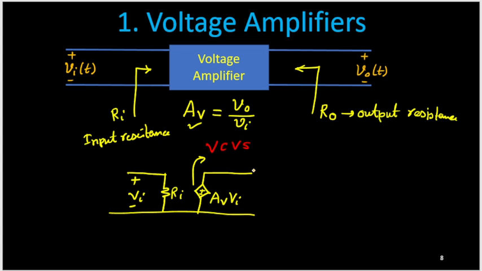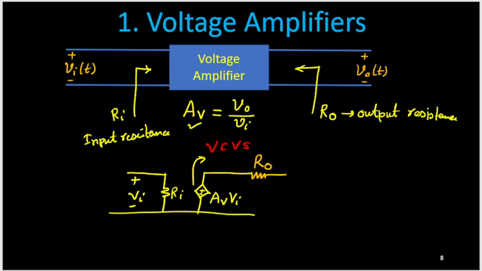Next, we need to include the output resistance. As we have considered a voltage source here, the resistance should be connected in series. Whenever you have a voltage source, its source resistance, or any corresponding resistance, should be connected in series with the source. So this is your output resistance Ro.